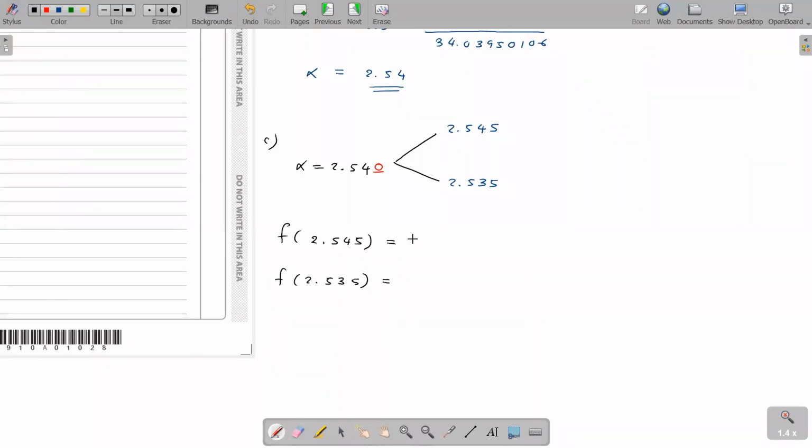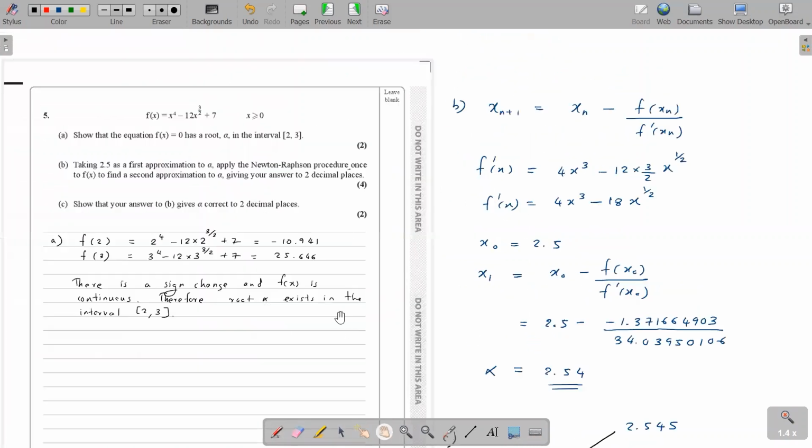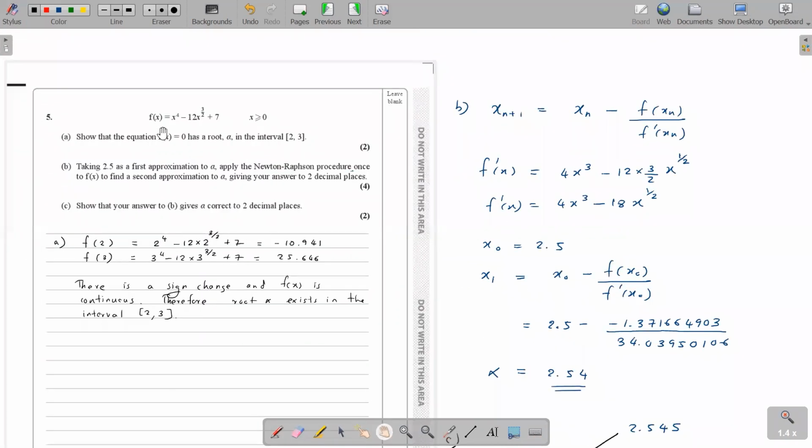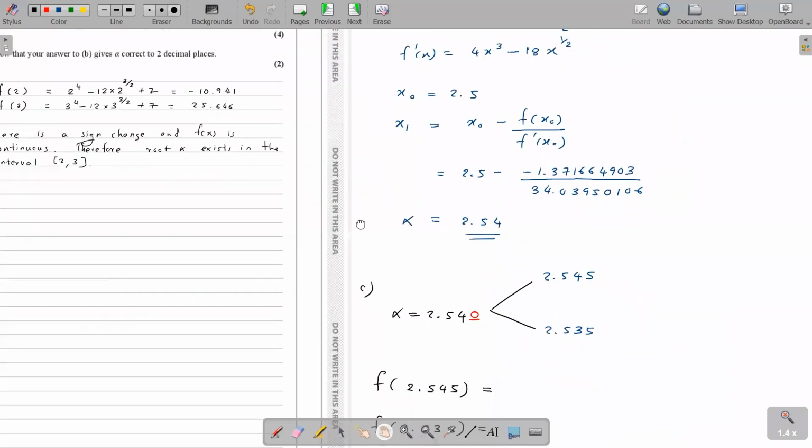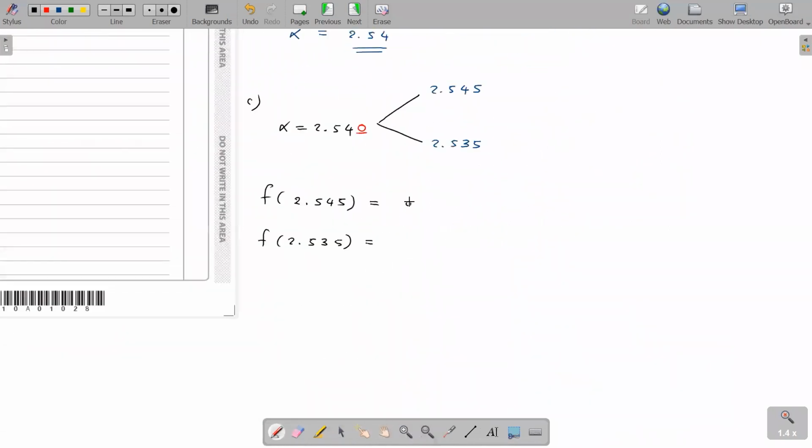So for f of 2.545, you go to this equation, replace x with 2.545. What is the answer you get? 0.2312. The other one, 2.535, gives minus 0.1374. Okay, so now what do we see here?